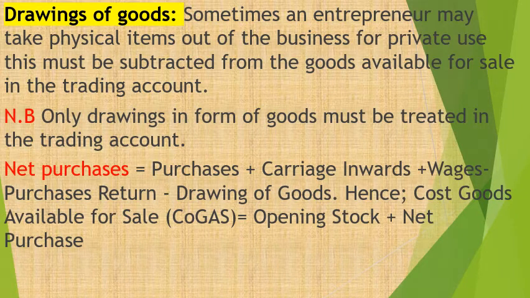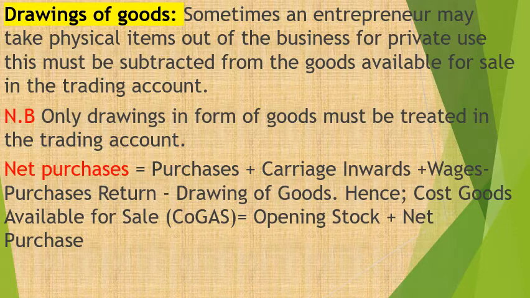Drawings or drawing of goods. Sometimes an entrepreneur may take physical items out of the business for private use. This must be subtracted from the goods available for sale in a trading account. And only drawings in form of goods must be treated in the trading account.